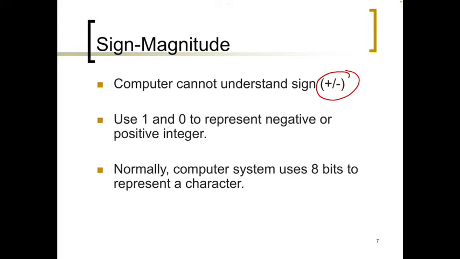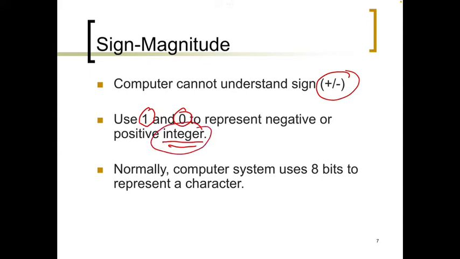So how did the researchers or scientists for the computer solve this problem? They first use 1 and 0 to represent negative or positive number, or accurately, integer. We have a spelling problem here. Integer.